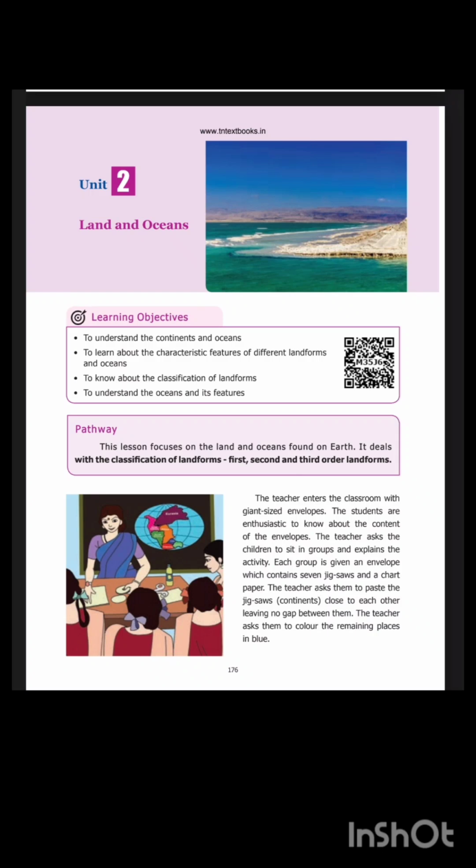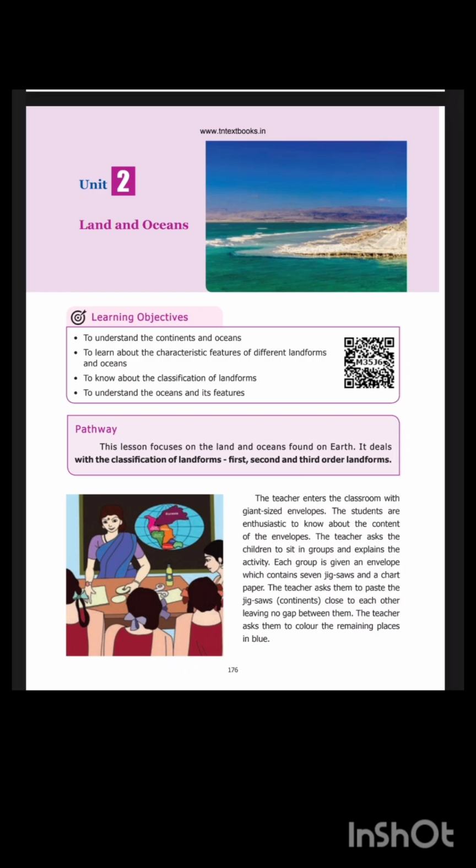Second order landforms. The second order landforms are categorized as mountains, plateaus, and plains. Mountains. A landform that rises 600 meters above its surroundings and has steep slopes is called a mountain. Mountains are found in isolation or in groups. If the mountains extend for a large area continuously, it is called a mountain range.